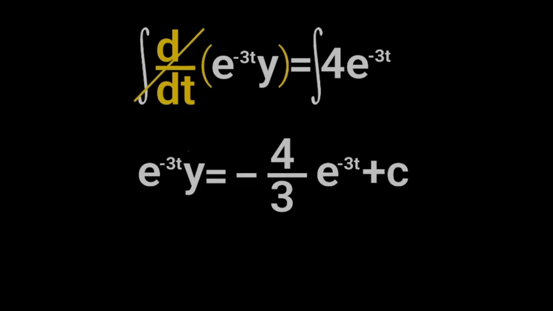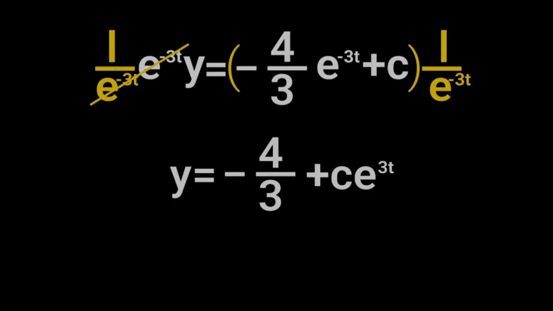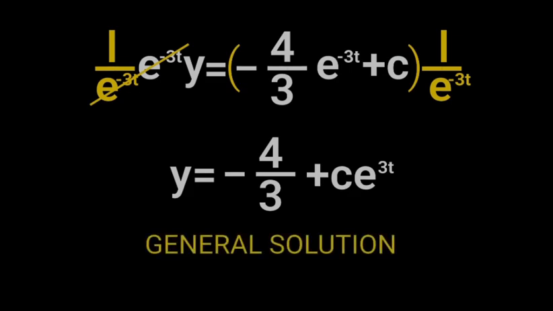Now, to solve for y, we divide both sides by e to the negative 3t. Once we do that, we have y equals negative 4 divided by 3 plus c times e to the 3t. Now, this is in general solution form.